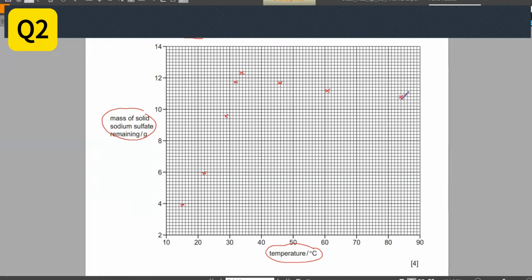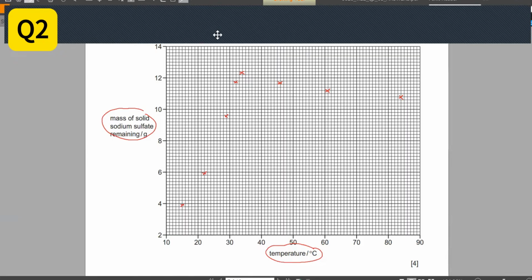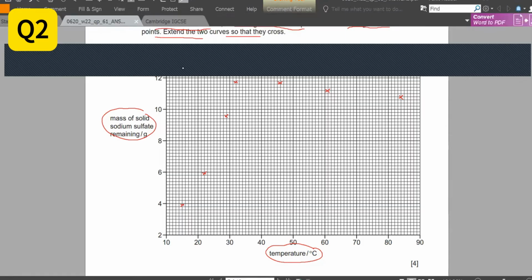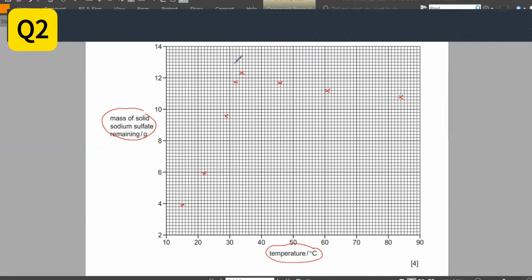Yeah. So we are supposed to draw the line of best fit for the first 4 points and the last 4 points. Okay, something like this.